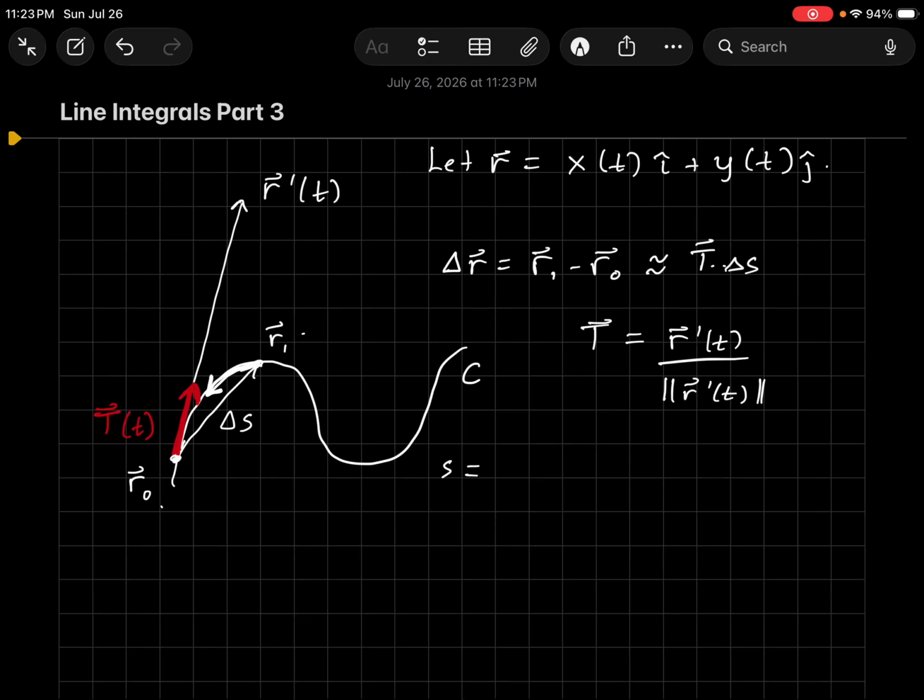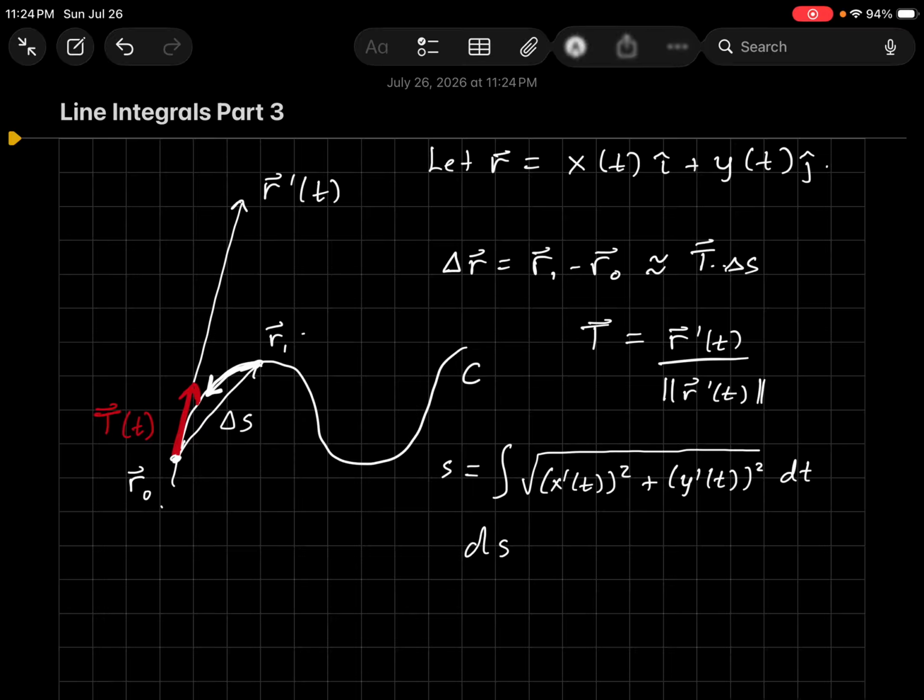So s, recall, is the integral of the square root of x prime squared plus y prime squared dt. So ds/dt equals the square root of x prime squared plus y prime squared.